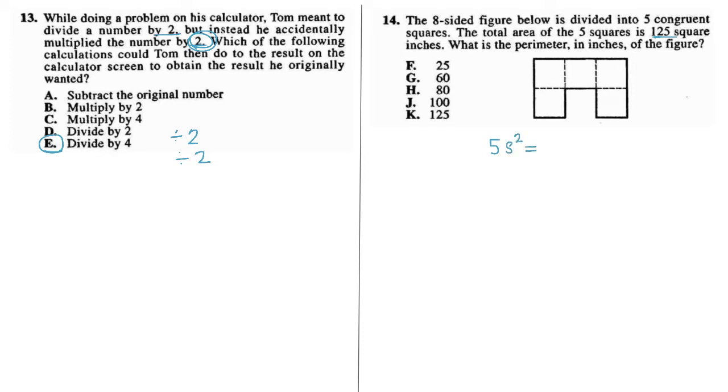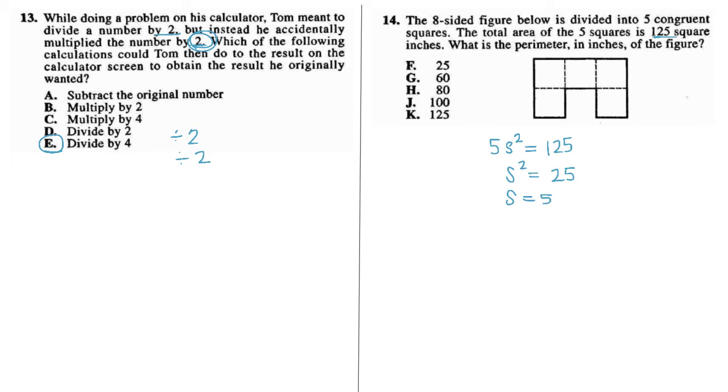So that total area is 125. We can find a side length if we divide by 5. So we know that the side squared is 25. So one side is 5.